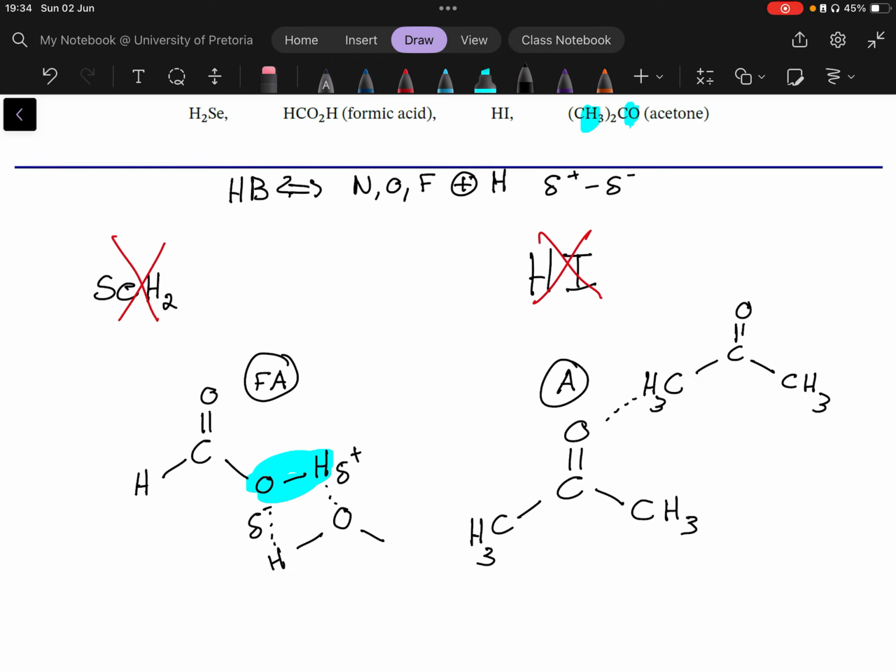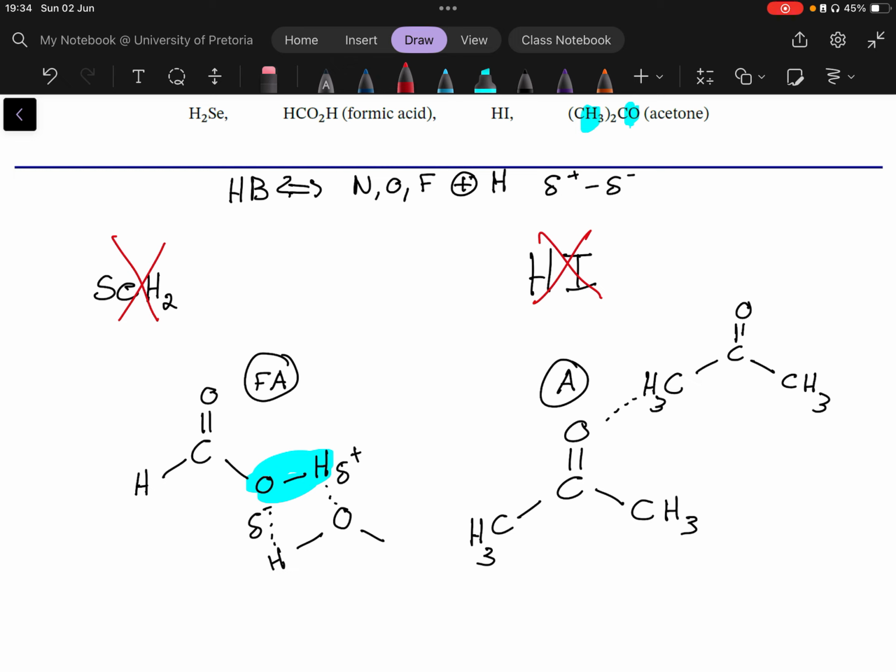Not something like this, where hydrogen and carbon are very happy to form a covalent bond, very nicely bonded. Oxygen and hydrogen are very polarized, and that allows for this hydrogen bonding interaction to occur.